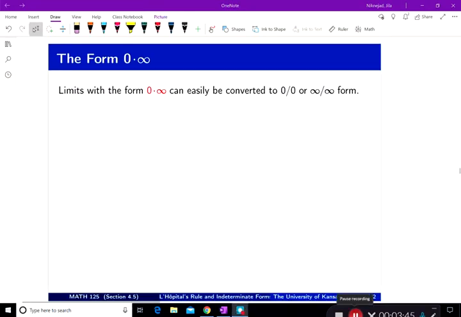So let's discuss another form that can be covered by L'Hopital's rule, and that's 0 times infinity. The beauty of 0 times infinity is that you can always write it as 0 times 1 over 0, and that makes it 0 over 0, or you can write it as 1 over infinity times 0.